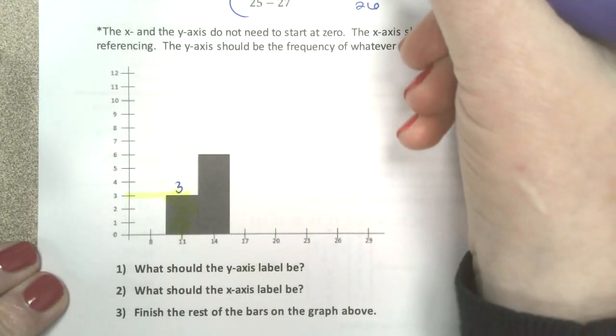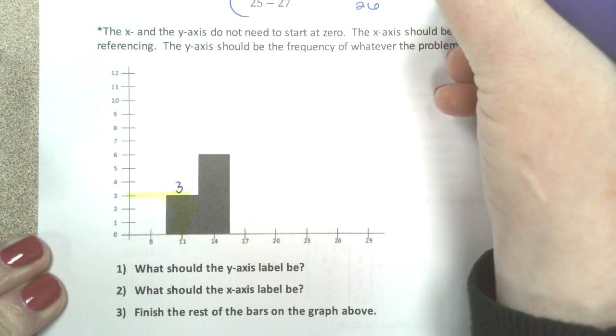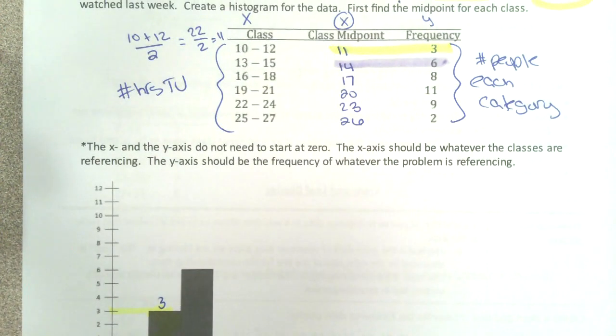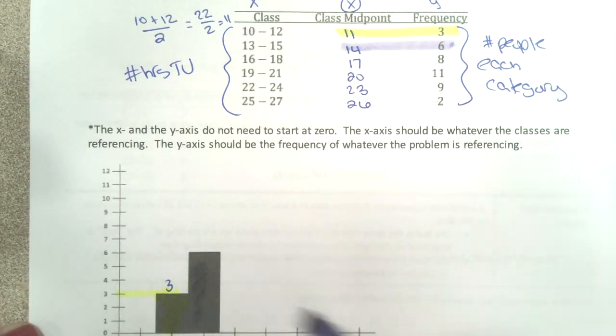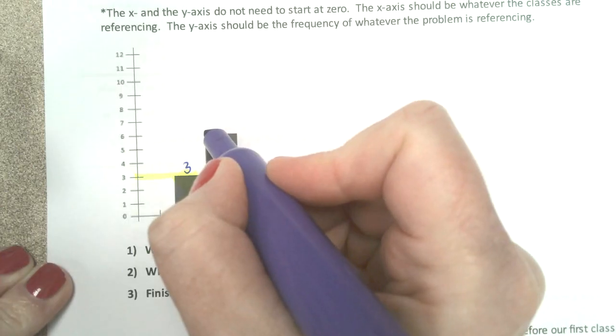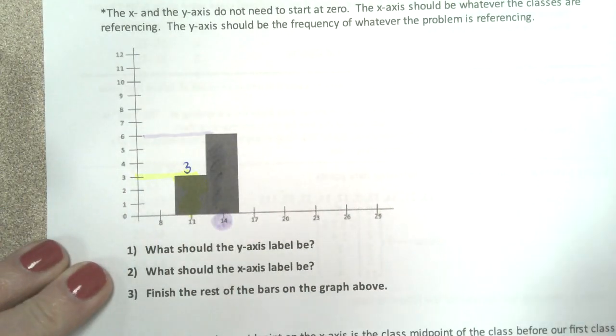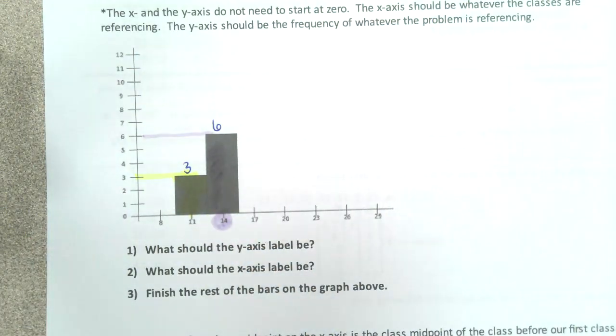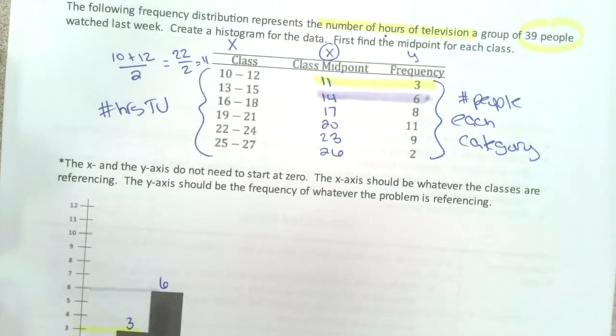On the next one, we had our data centered around the midpoint of 14, and 6 people watched that. So I have the midpoint centered on the 14, and if you follow that over, we have 6 people that watched that. All right, now we need to do the rest on our own.